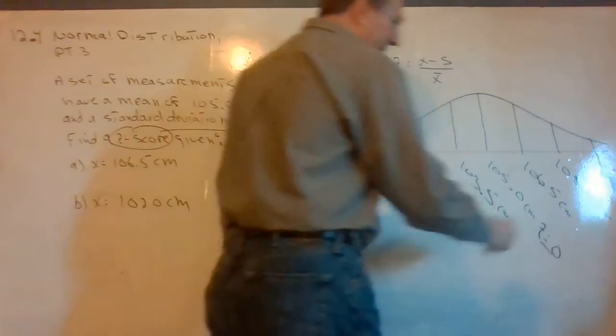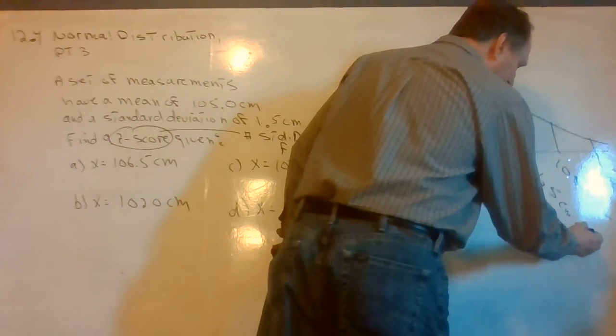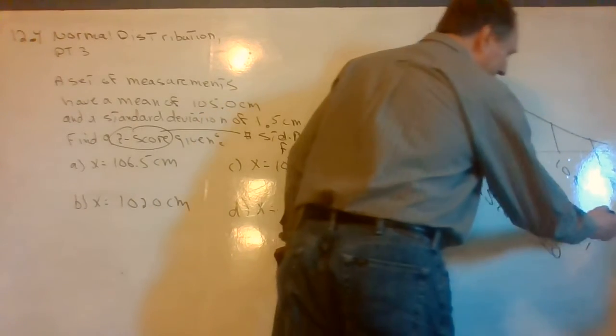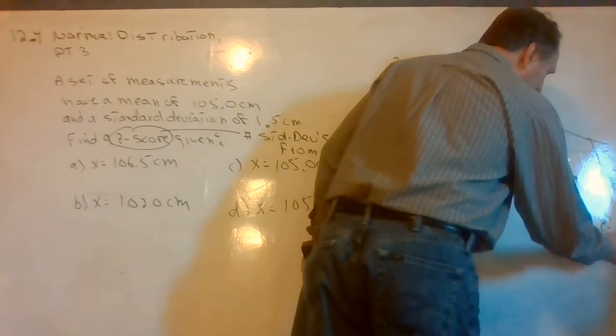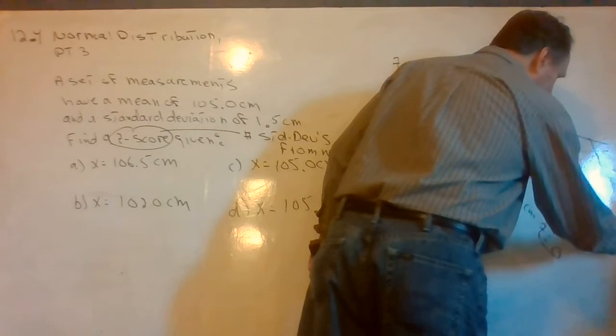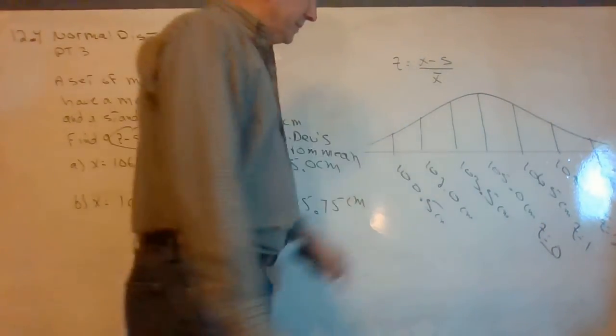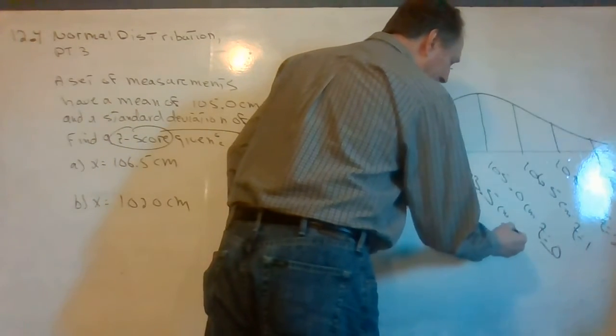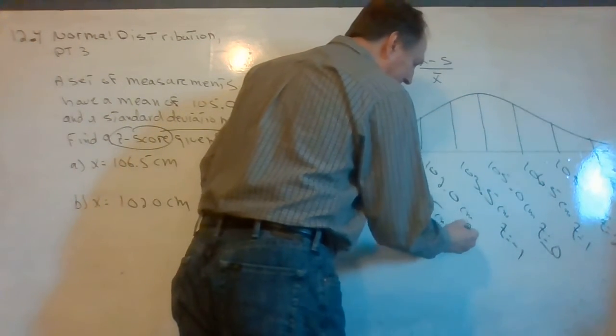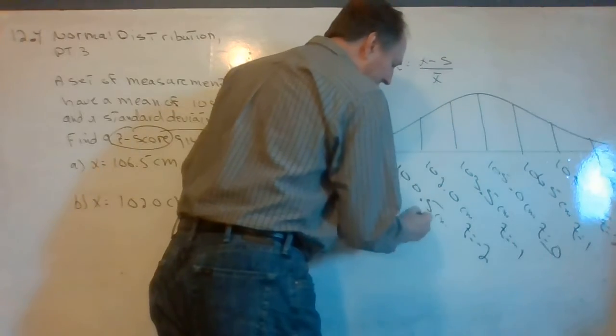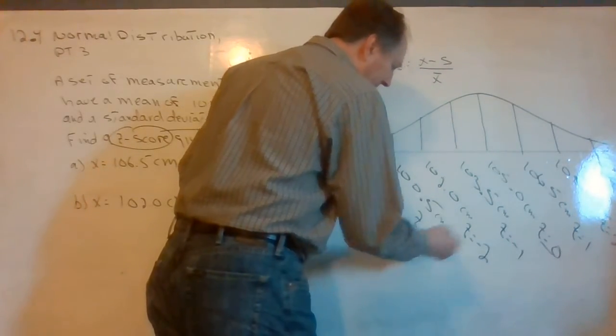We go up one standard deviation, z equals 1, z equals 2, z equals 3. Now when we come below, that's one standard deviation below, z equals -1, z equals -2, z equals -3.